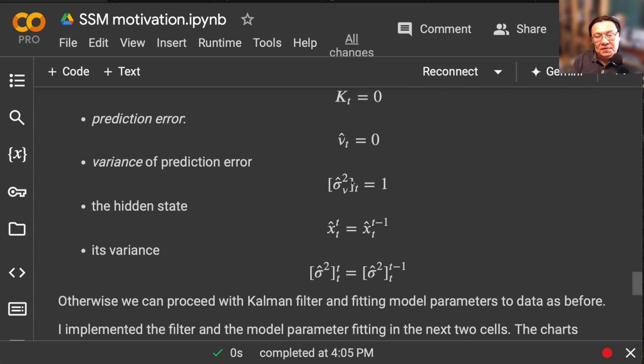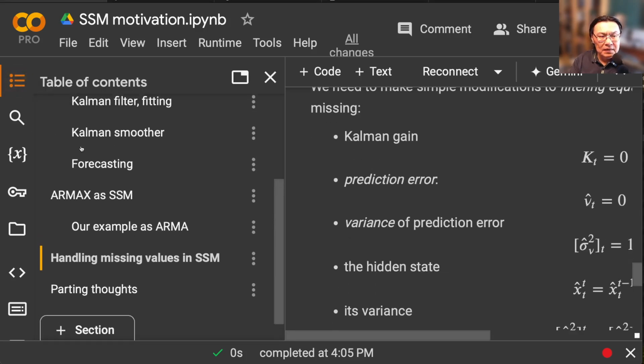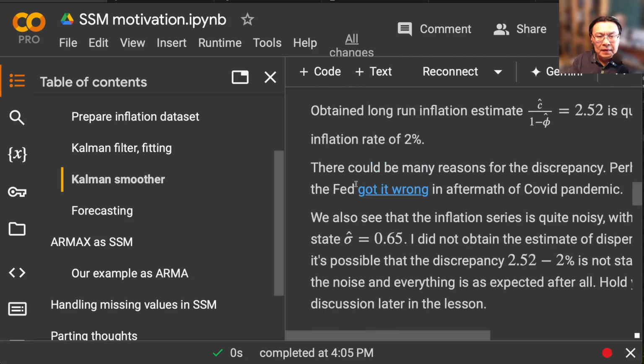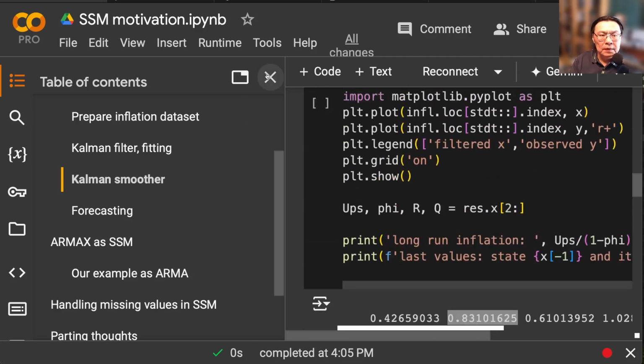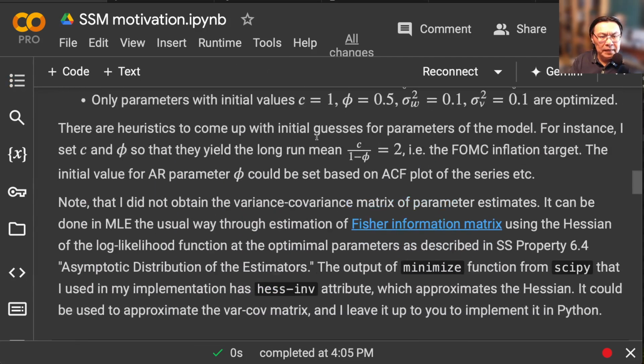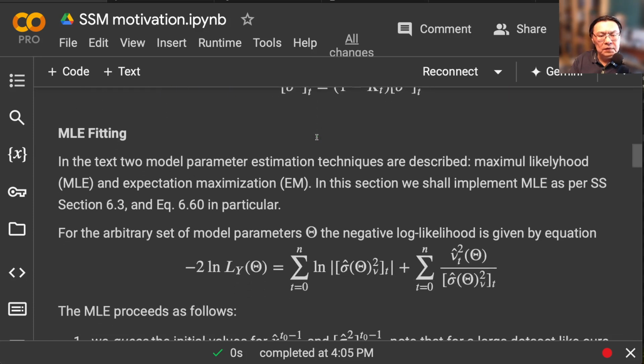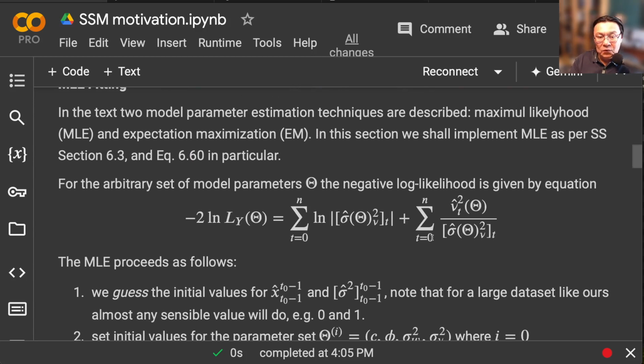So let's look at this sigma. Why is it 1? We can actually see it very easily here. Remember the likelihood function, the log likelihood function. Here, you see, we are using sigma here and sigma there. So if we plug in the missing value, only for the missing period t, we're plugging the error as 0, right?